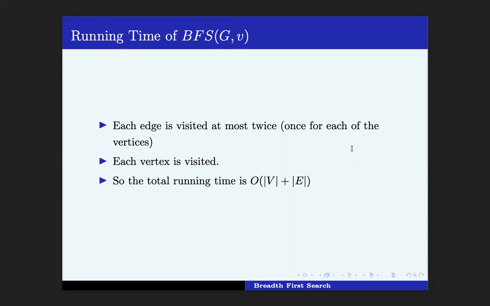By the way, the running time of this algorithm, as you can have seen, is the same as in DFS. We are going to look at every edge from U to V only once, or twice if it is undirected, U to V and V to U. So in the same way as in the case of DFS, our algorithm will run in order V plus E steps.